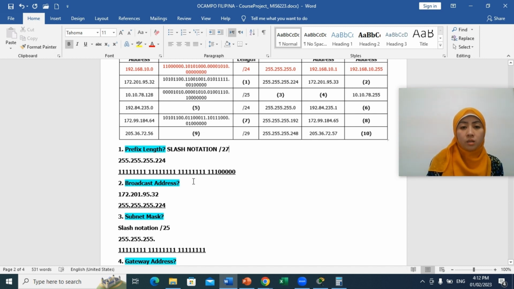So number two, we need to get the broadcast address. To get the broadcast address, we need to bring down the network address and the subnet mask here.